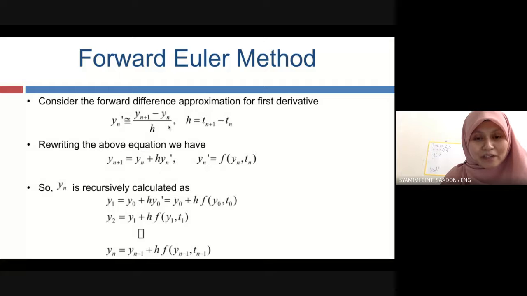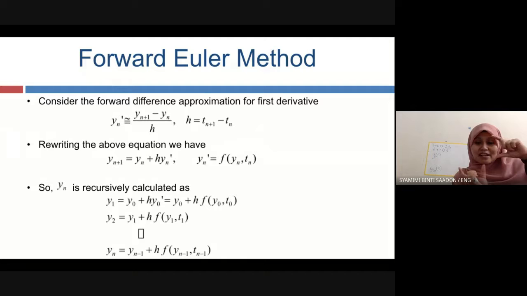It is from the definition of derivative: the difference in the y axis divided by the difference in the x axis, which is h, the time step, and we get the slope. If we imagine a graph, the slope is the derivative.